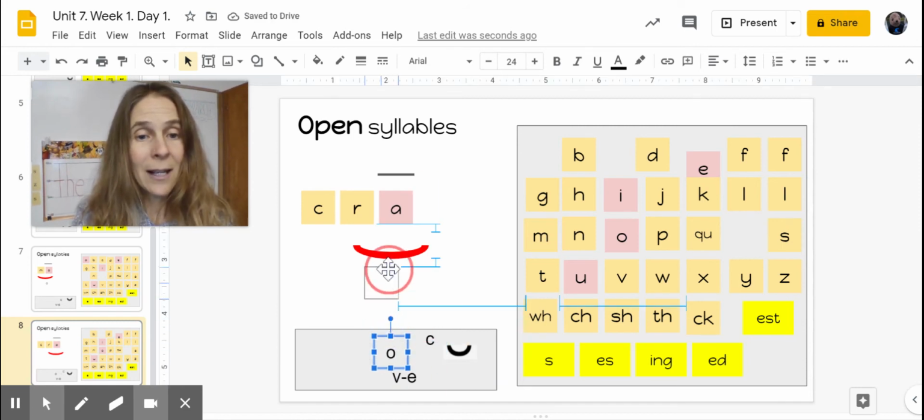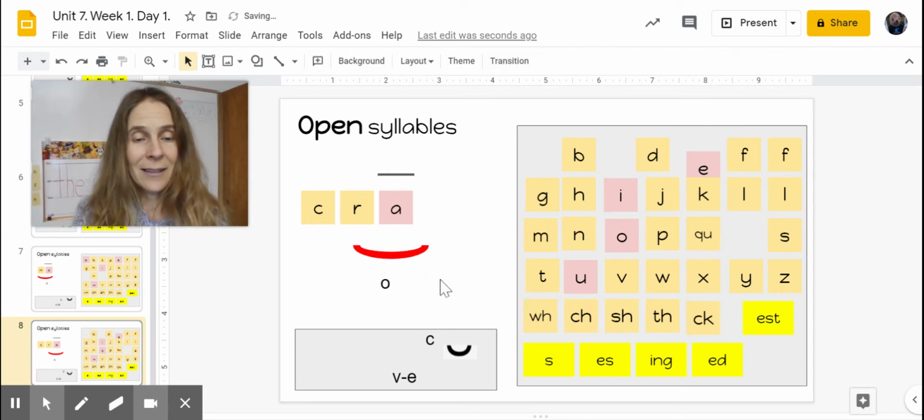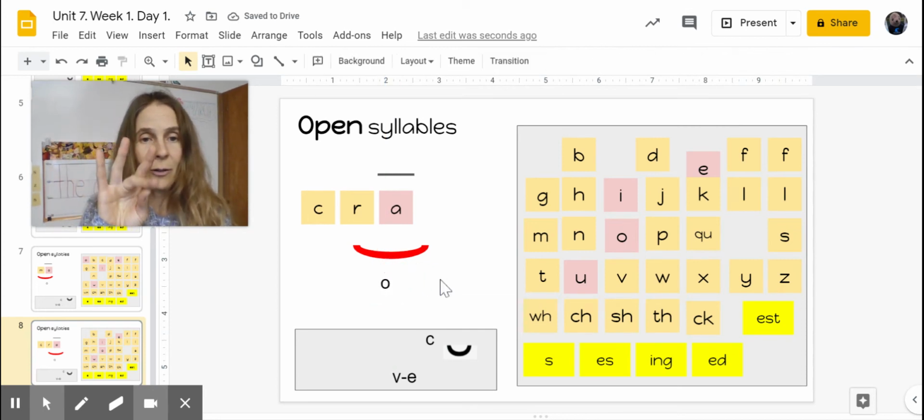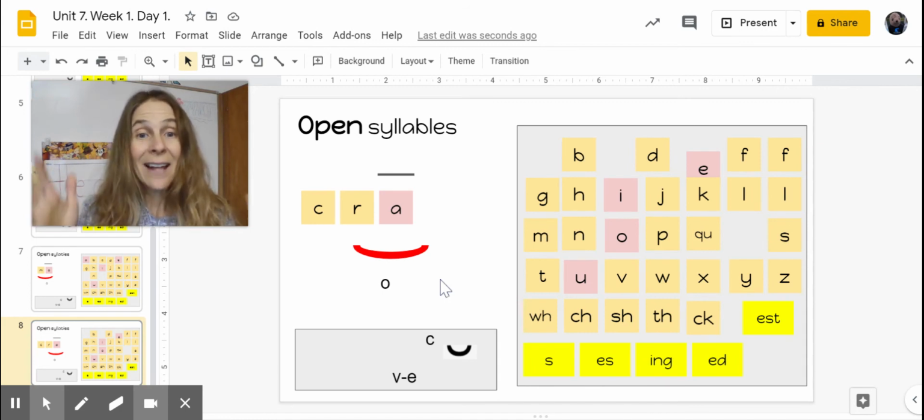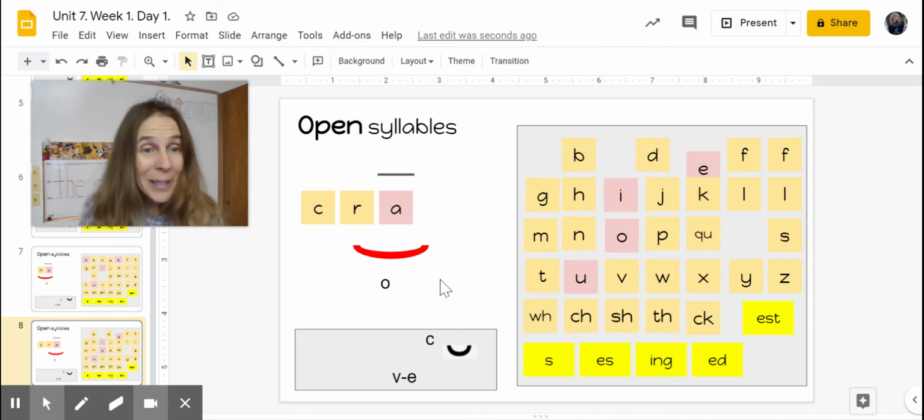And now let's read this syllable, cray, like cradle. Yeah. That would be a two-syllable word that has cray as the first syllable. So knowing about open syllables is going to help us read longer and longer words.